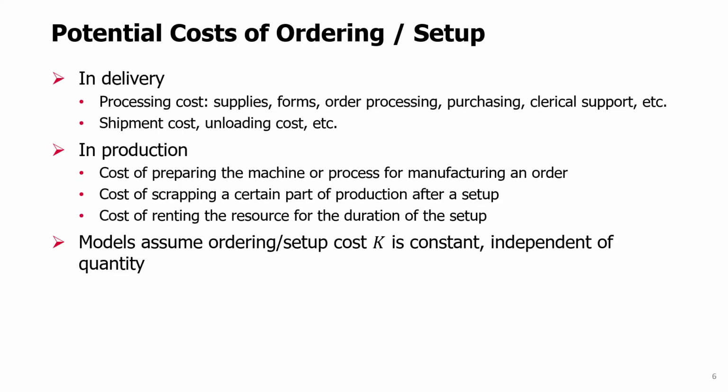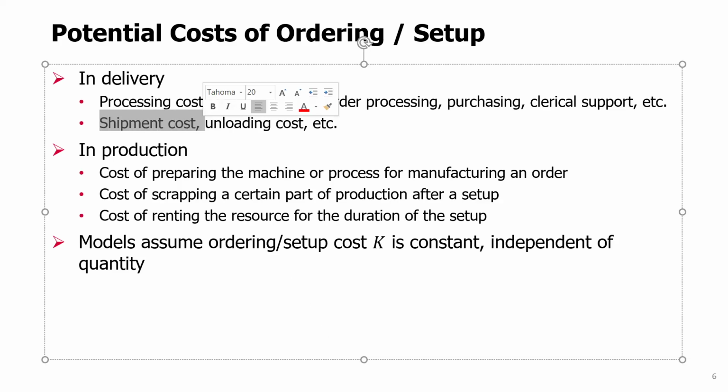Most models assume we have an ordering or setup cost K, which is constant and independent of quantity. And again, sometimes we have problems defining this as a constant. A good example is shipping cost, which often depends on the quantity. For the larger quantity, some shipping companies will charge you a higher price for shipping. They might have thresholds, and if you exceed a certain threshold, the price goes up.